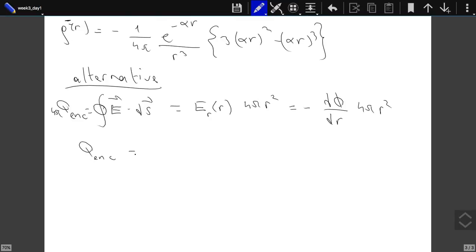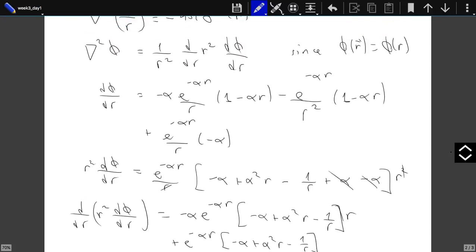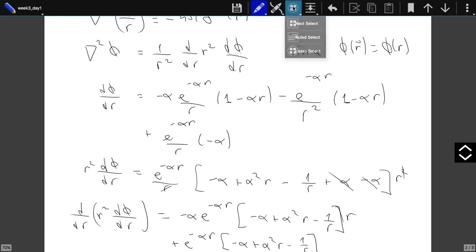So the enclosed charge is equal to minus R squared d phi by dr. This is the charge in a sphere of radius R. Now let's see, we had already evaluated that derivative.